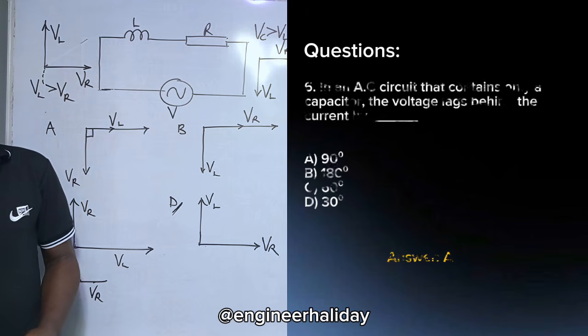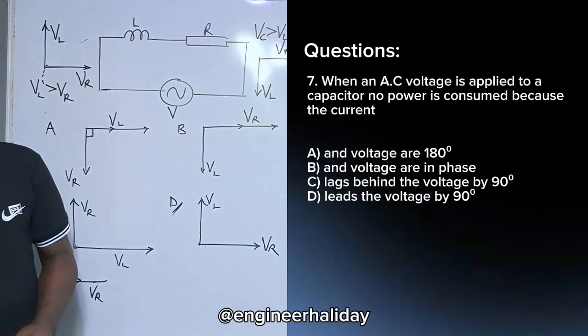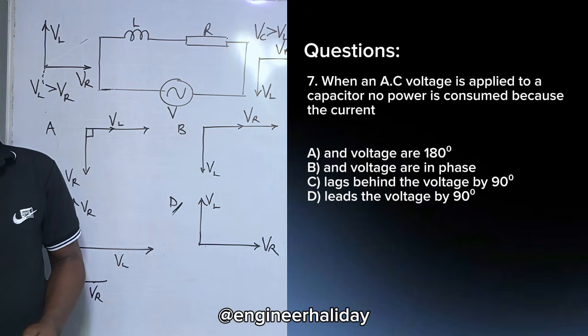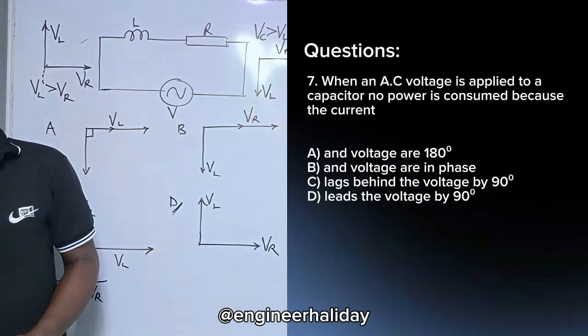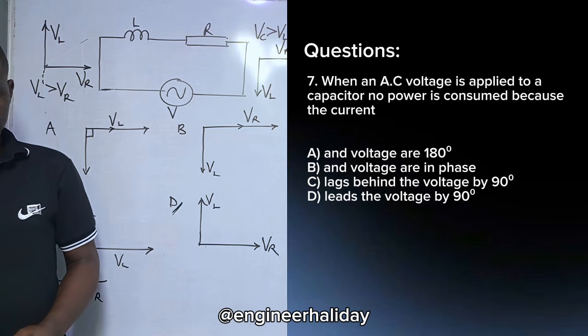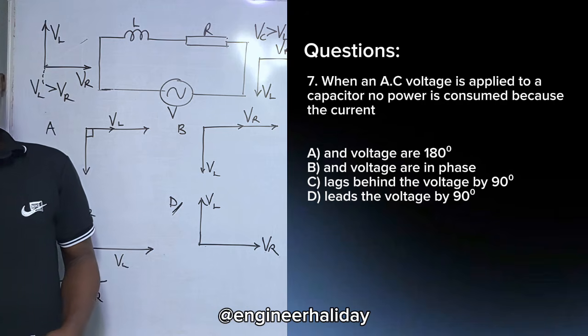Number 7 says when an alternating voltage is applied to a capacitor, no power is consumed because the current and voltage are what? No power is consumed in a capacitor because the capacitor current leads voltage.